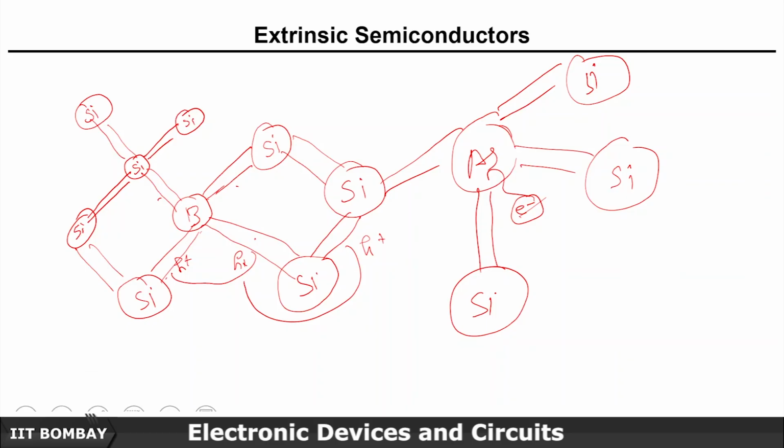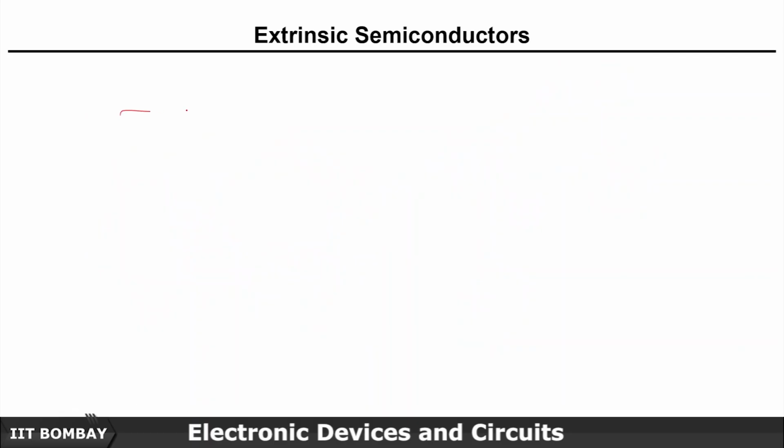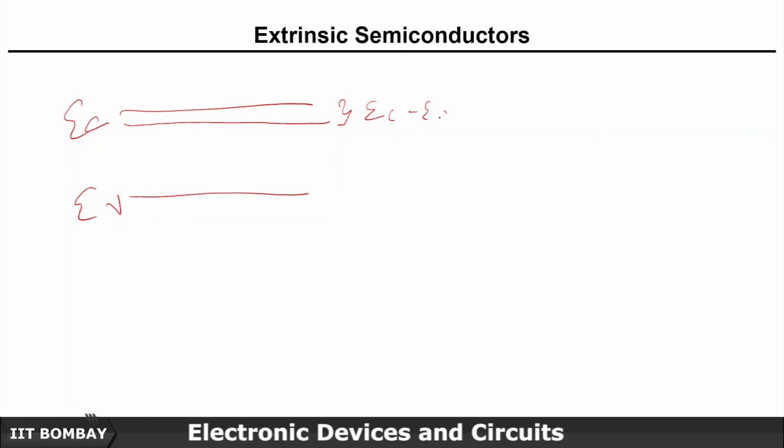Now, if I talk about how much this level difference is, let's say this is the conduction band and this is the valence band. How much is the difference between EC minus EA? Of course it depends on the impurity. In the case of silicon, a group 3 impurity brings it to 0.03 to 0.06 electron volt.